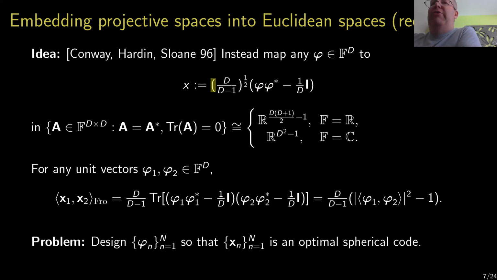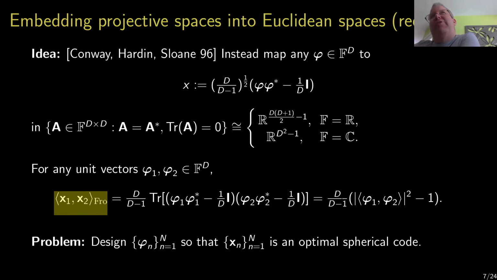And then we do this thing, which is going to turn out to be a renormalization step. These things are no longer living in the entire space of self-adjoint matrices. They are living in a subspace of it of codimension 1, the subspace that has trace 0. And it turns out that when you do that, you still have this nice sort of isometric-like relationship between the Frobenius inner product of the lifted things and what the original guys are.